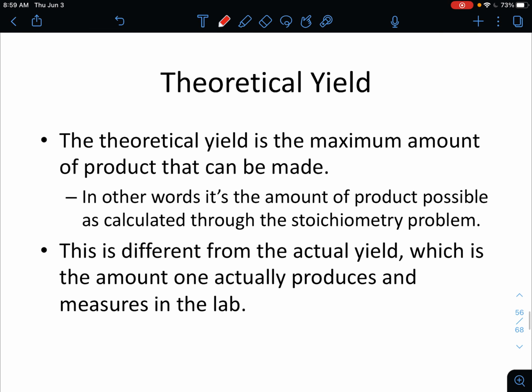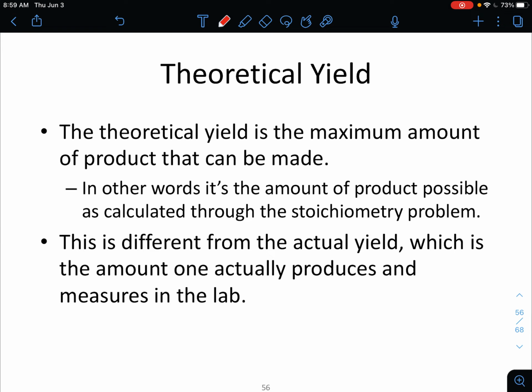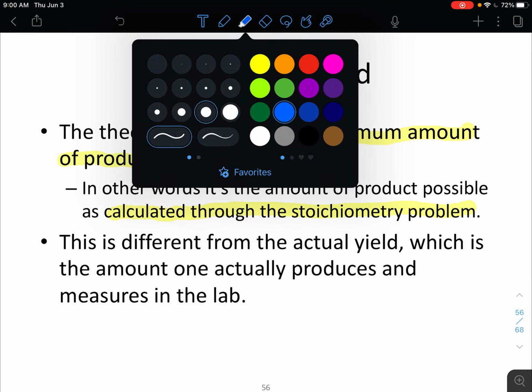So I think I introduced these problems as theoretical yield problems in the beginning. So we can think about theoretical yield really as the maximum amount of product that can be made. So essentially to say, in the perfect world, if every bit of reactant gets converted to product, how much product am I going to form? So whenever we talk about theoretical yield, we're describing the value that we calculate in this type of equation.